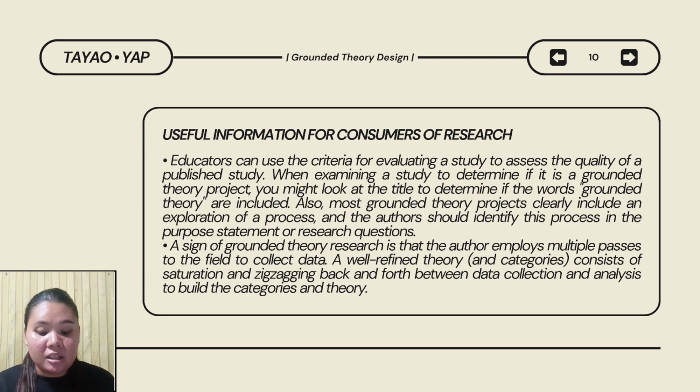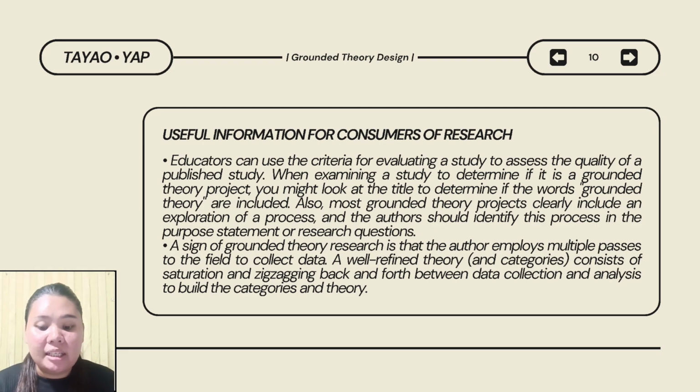The second is that when examining a study to determine if it is a grounded theory project, you might look at the title to see if the words grounded theory are included. Also, most grounded theory projects clearly include an exploration of a process, and the author should identify this process in the purpose statement or research questions.